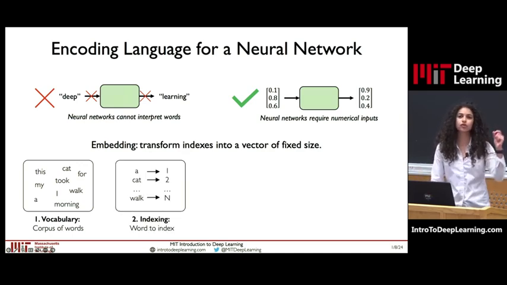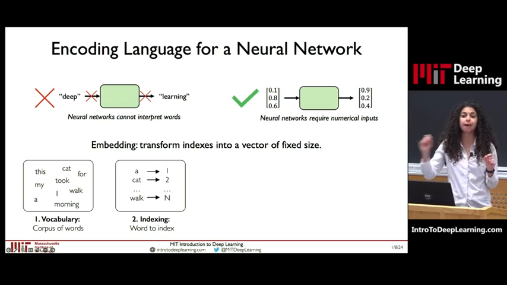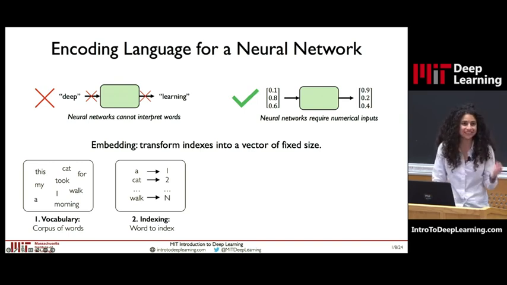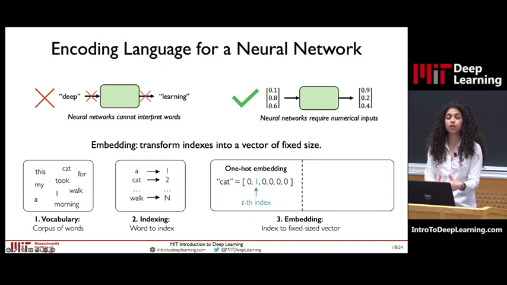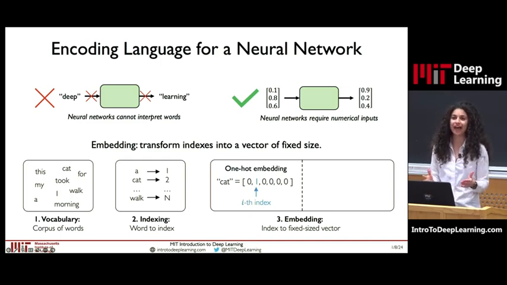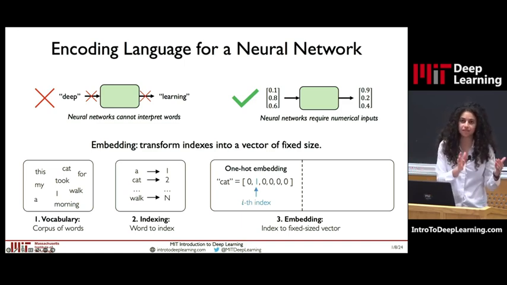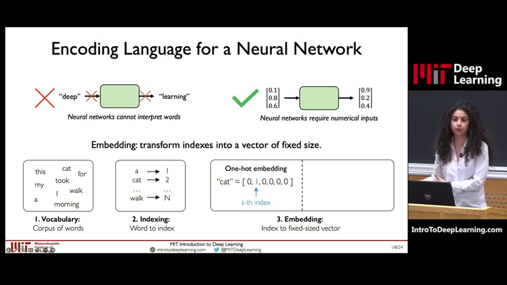We can then take those different and unique words and just map them to a number, an index, such that each distinct word in this vocabulary has a distinct index. Then we construct these vectors that have the length, the size of the number of words in our vocabulary, and just indicate with a binary 1 or 0 whether or not that vector represents that word or some other word.